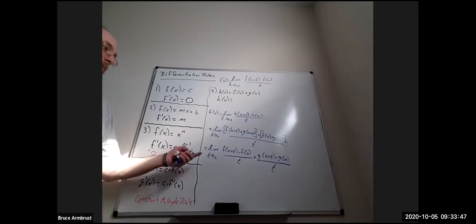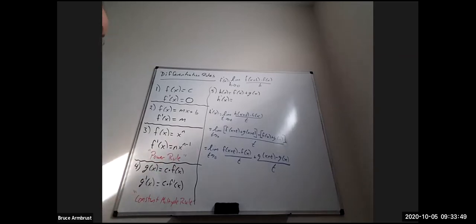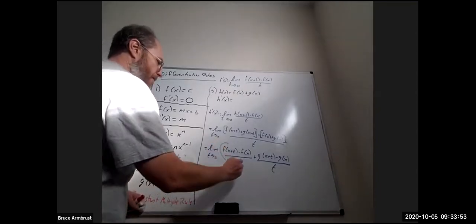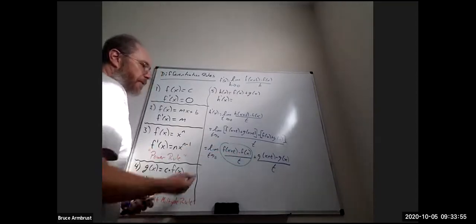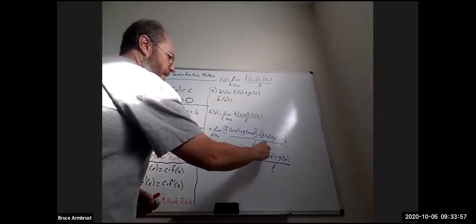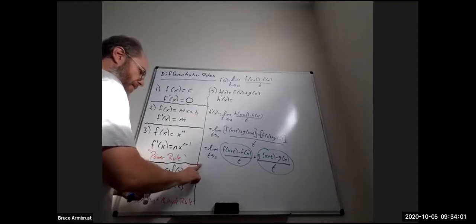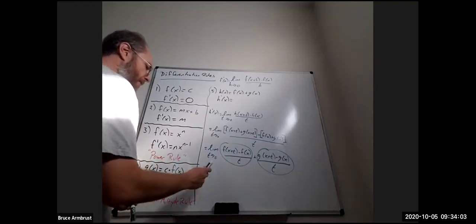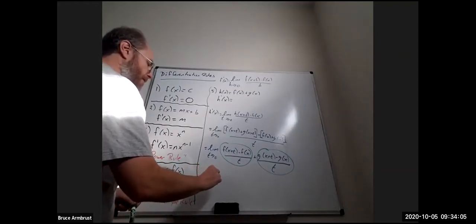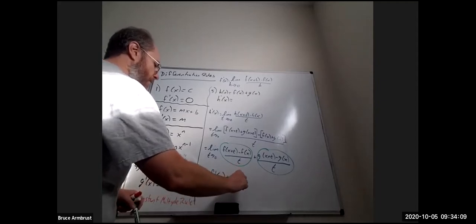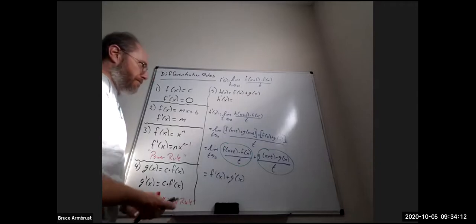All right, now, these two limits, if you look at them individually, this first one, that's just the derivative of f. The second one is the derivative of g. And so what we're left with is f prime of x plus g prime of x.